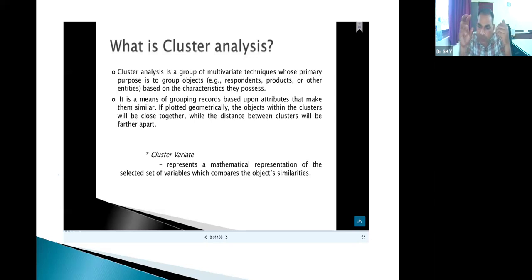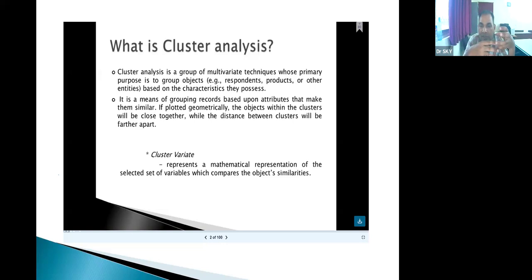Similar characteristics are grouped into one, and we name it the first component. This way we make other components, so we reduce the dimensionality of the data. But in cluster analysis, we group the objects on the basis of all characteristics.